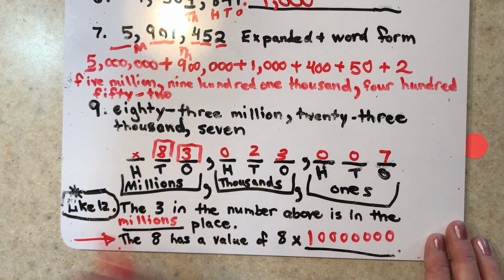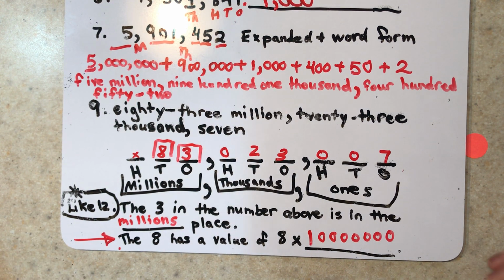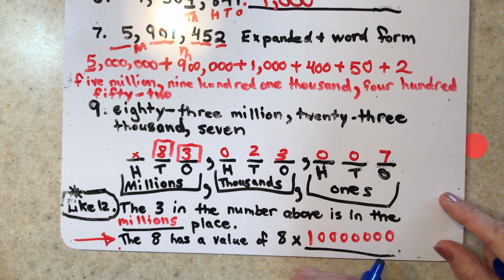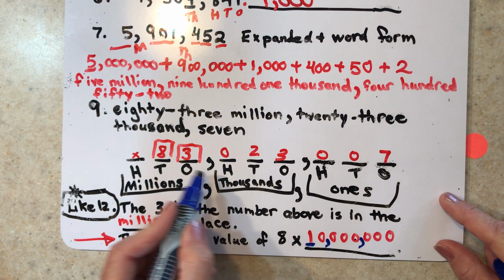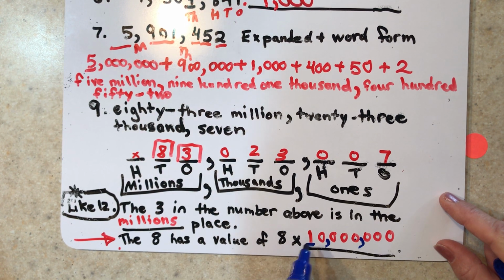Now I'm going to put in my commas so I can see each place, each period. Ones, tens, hundreds, I need a comma. Ones, tens, hundreds, I need a comma. Is 1 matching that place value? Is it 2 away from the comma? 1, 2, 1, 2, yes.